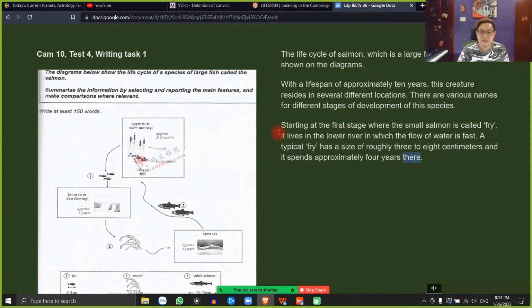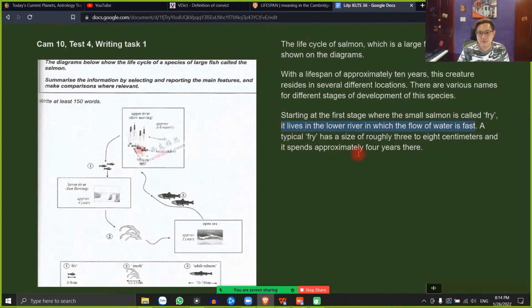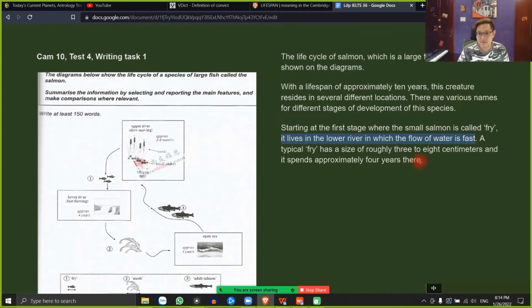So basically, before that you mentioned that it lives in the lower river, isn't it? Where the flow of water is fast. So when you use the word there, people will understand that okay, it lives in the lower river section where the flow of water is fast.